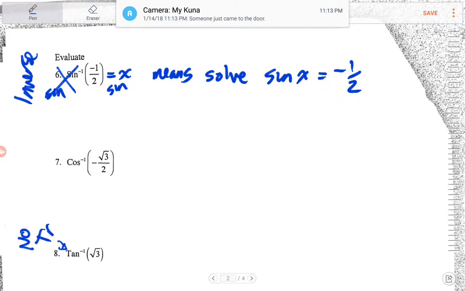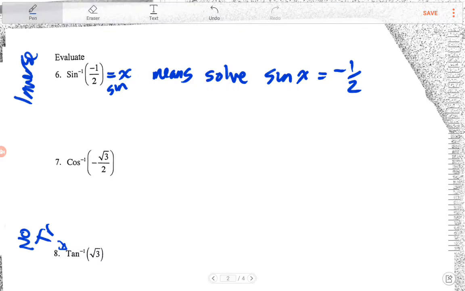Now, because we're trying to solve this inverse trig function, we also need to keep in mind that we need to have our restriction, which is negative pi over 2 to pi over 2. So if we solve this, keep in mind if we look at our unit circle here, because we have to restrict it to this domain, that's one of those 3 takeaways I told you about on the previous page.